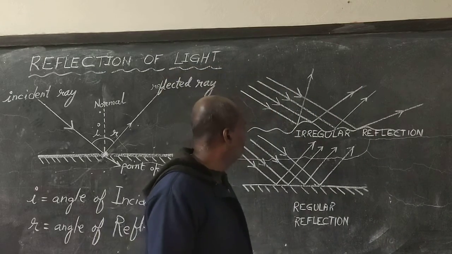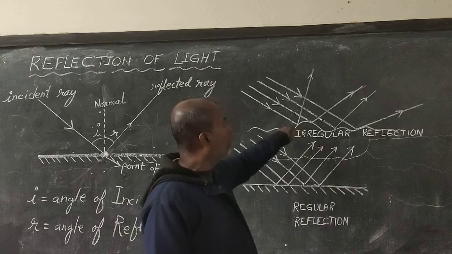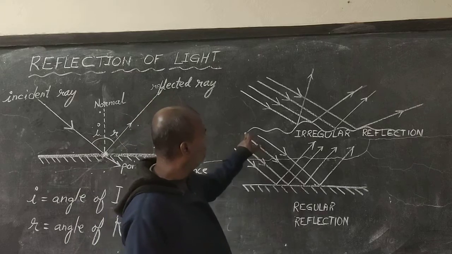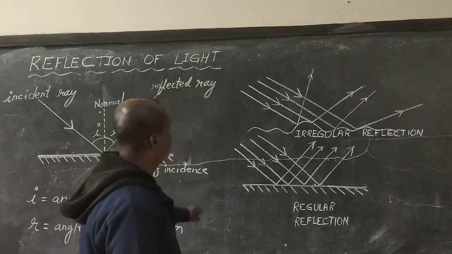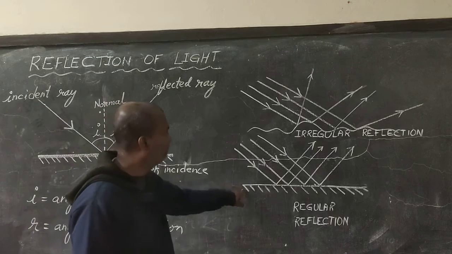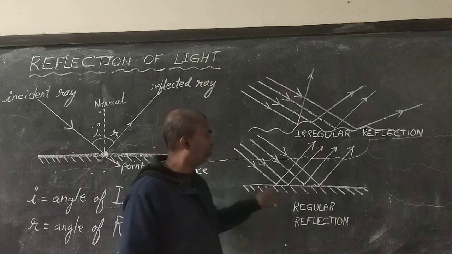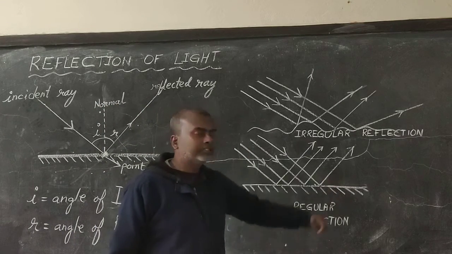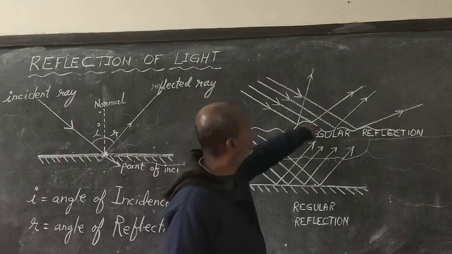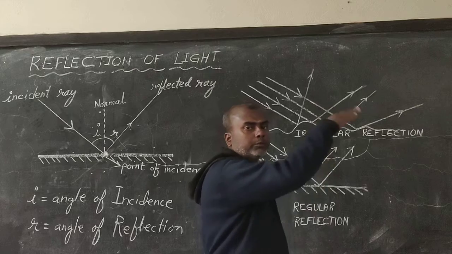Okay, now you can see over here, there are two kinds of reflection. One reflection where, similar to this one, the light rays come and strike a plane surface. And another reflection where you see the surface is not a plane, it is up and down this way.